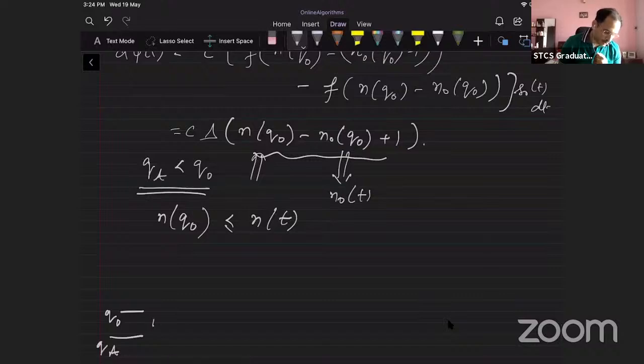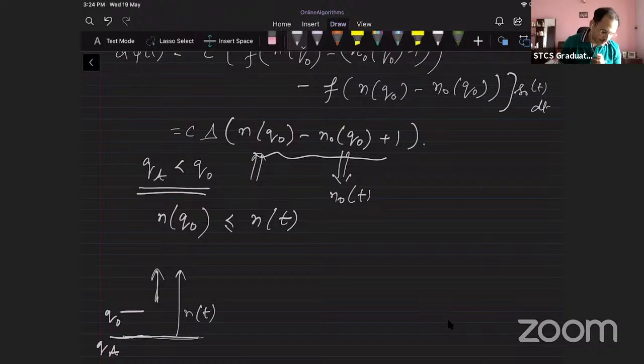Now I'm counting all the jobs which are above this, right? How many jobs are above this? These are exactly n of t. But how many jobs are above this level at most? Is this picture clear?